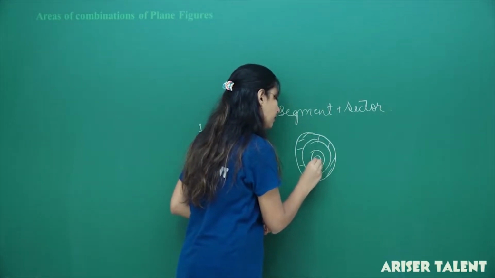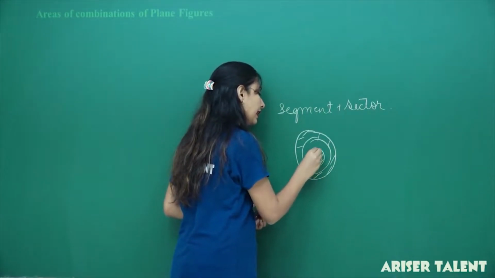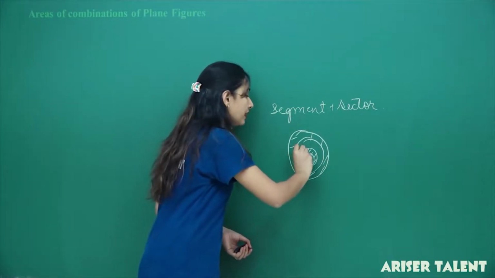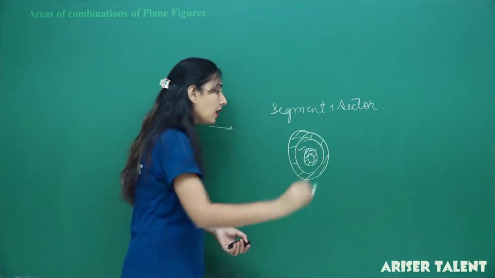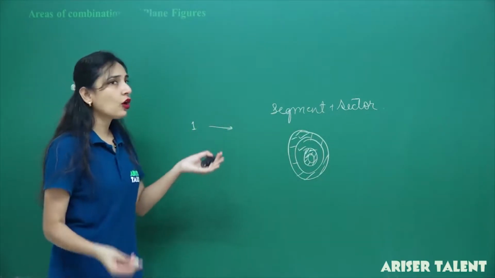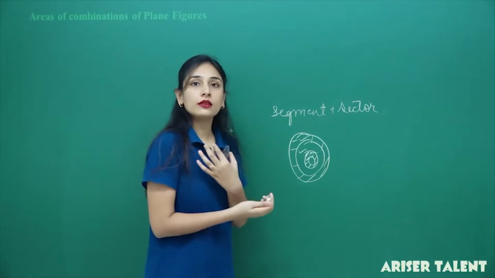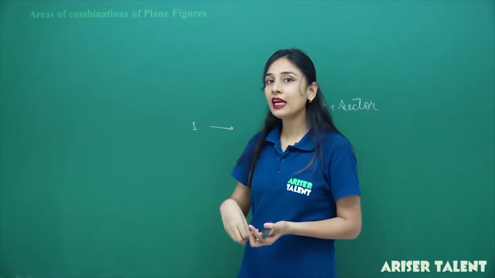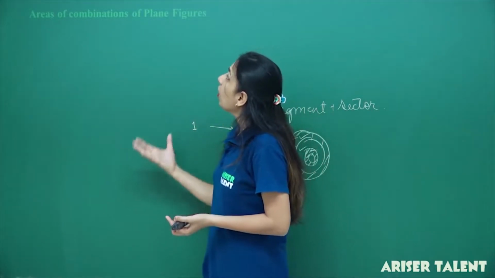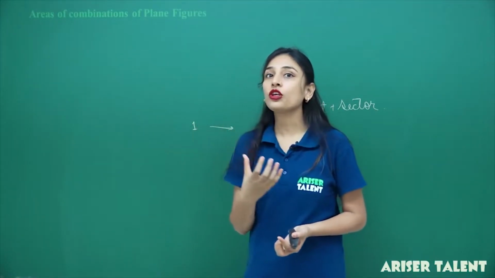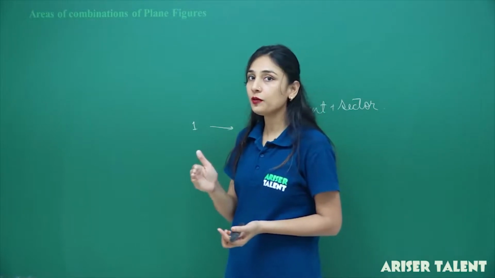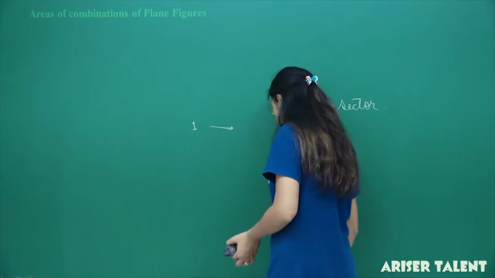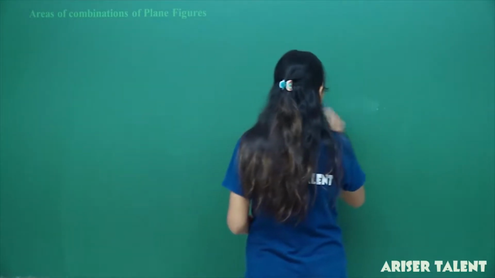Here you have another circle with the same center, and the area enclosed by it. So whether you have to find this area or this and this area, any combination of these studied things is called a combination of plane figures. And we are talking about area specifically here, so it will be known as area of combination of plane figures. So let's see how the question arises from this part.